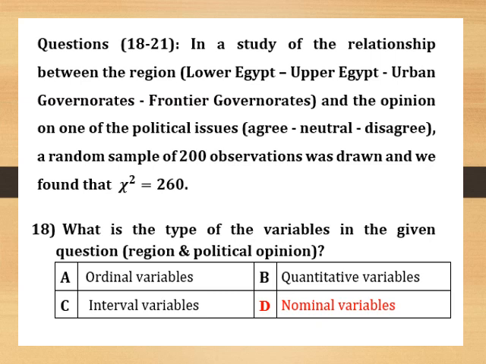A random sample of 200 observations was drawn, and we found that chi square equals 260. Number 18. What is the type of variables in the given question, region and political opinion? These are nominal variables. So the correct answer is D.